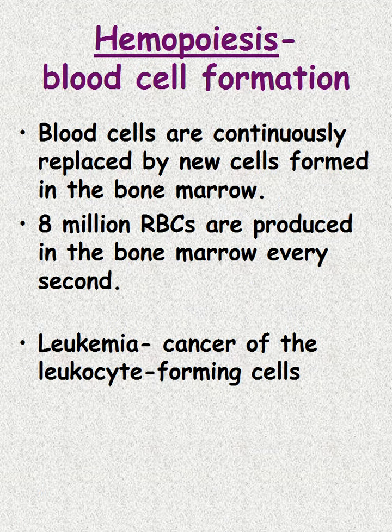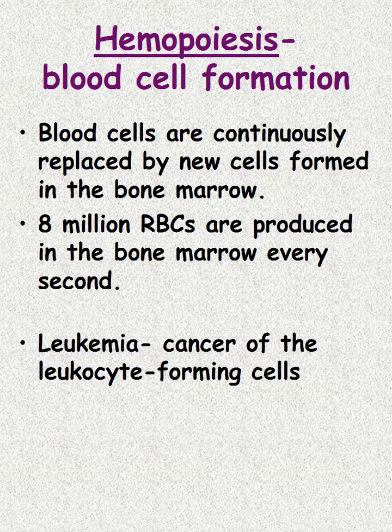Due to the relatively short lifespan of formed elements, we have a continual production of new elements called hemopoiesis. This is where blood cells are continuously being replaced and formed in the red bone marrow.